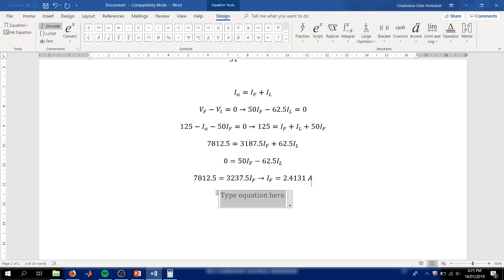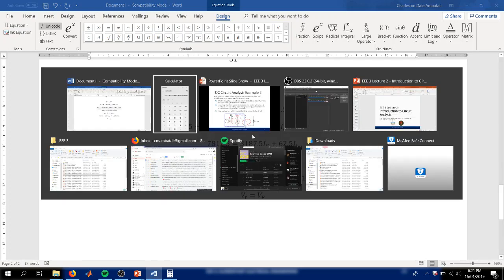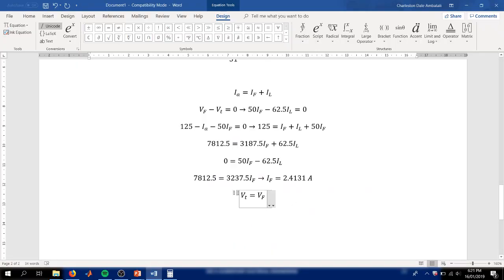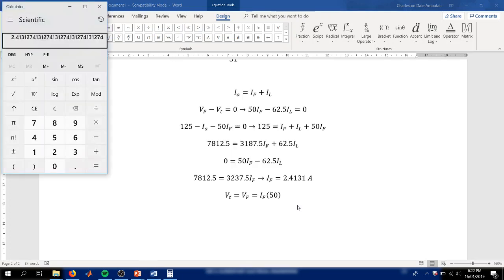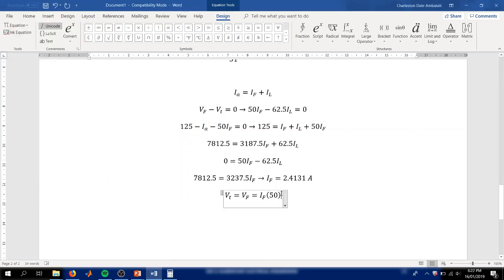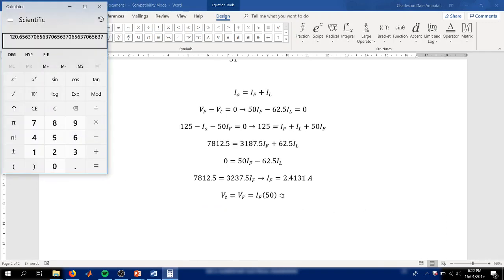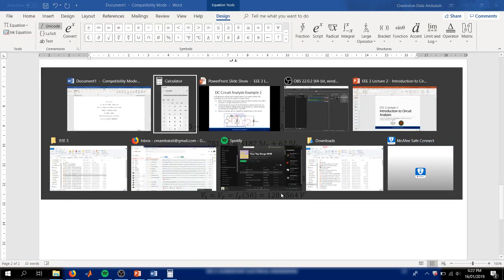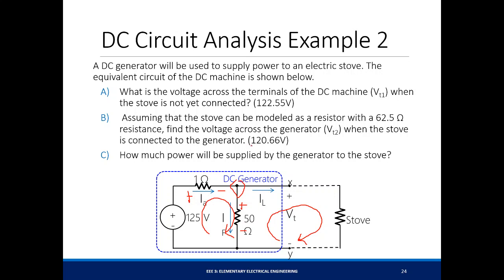So we want to know the voltage at the terminals, which is equal to the voltage across your resistor right here. And that is equal to IF times the resistance 50. So just multiply 50 to the answer. And this is the final answer, 120.6564, which corresponds to this answer right here.